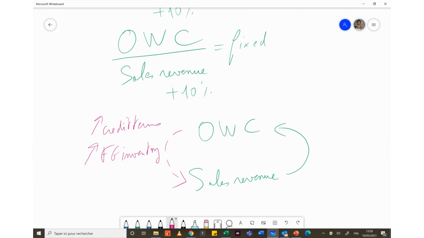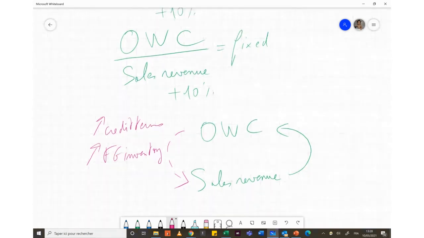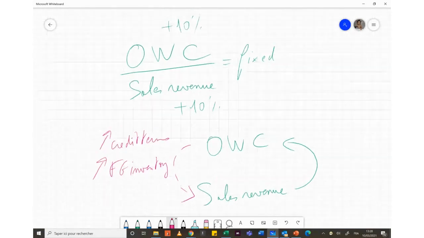So the problem is you can have a huge finished good inventory, too much finished good inventory, so you consume the cash, and a huge credit terms, so you don't have the cash from the customers for the moment. If you are using this relation on the left side, in this case, you increase the ratio.